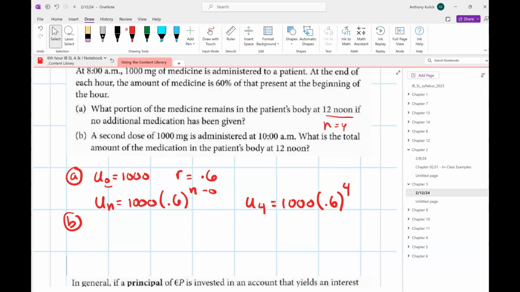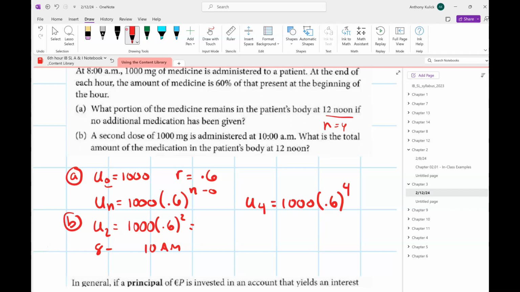Well, so probably do U2 to get us to 10 a.m. And then to go from 10 a.m. to noon, then we're going to do U2 plus 1,000 times 0.6 to the second.